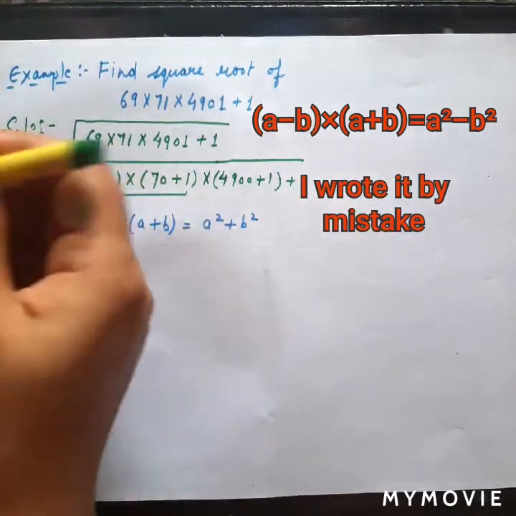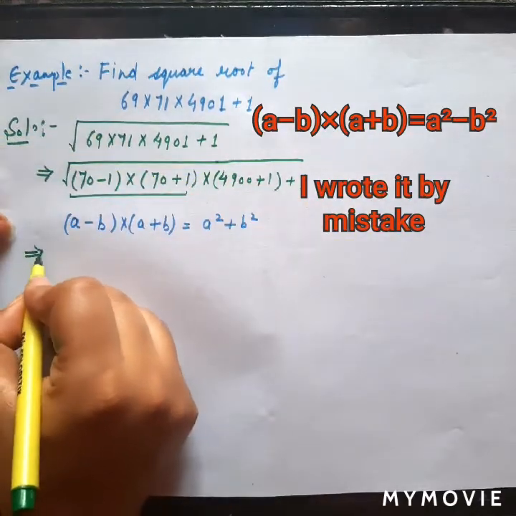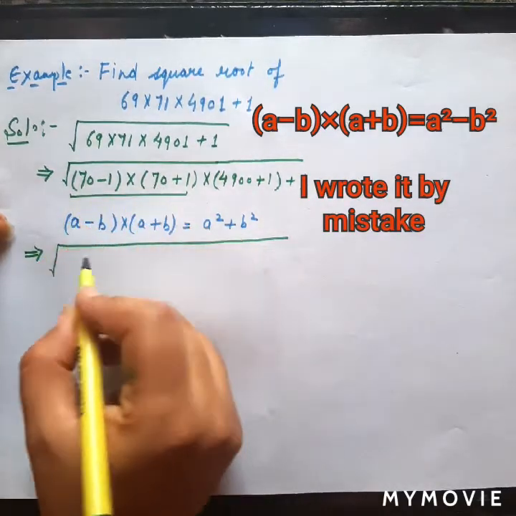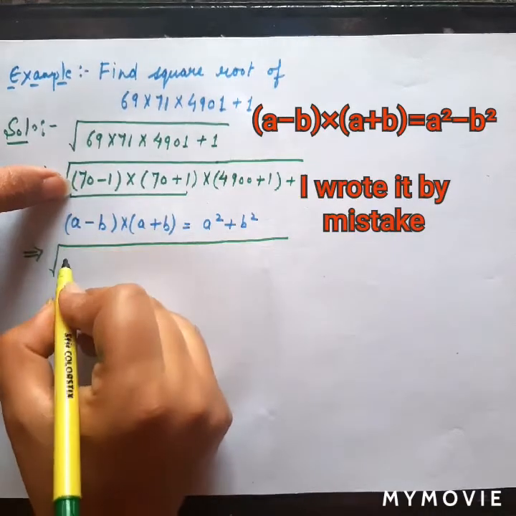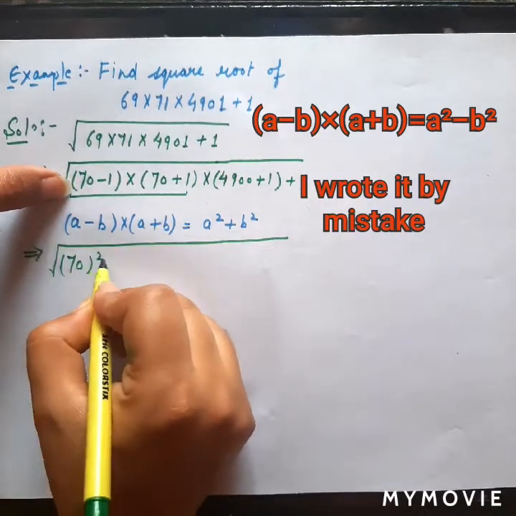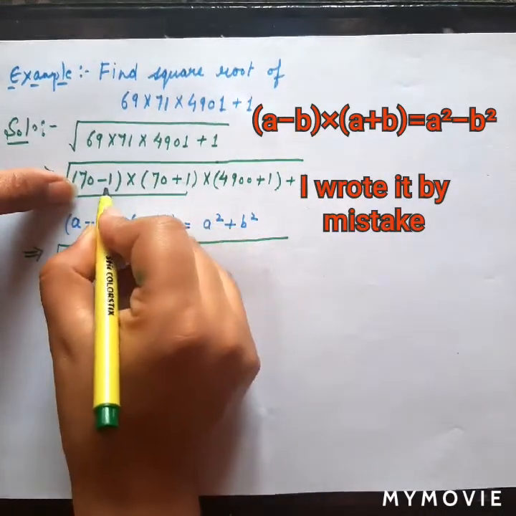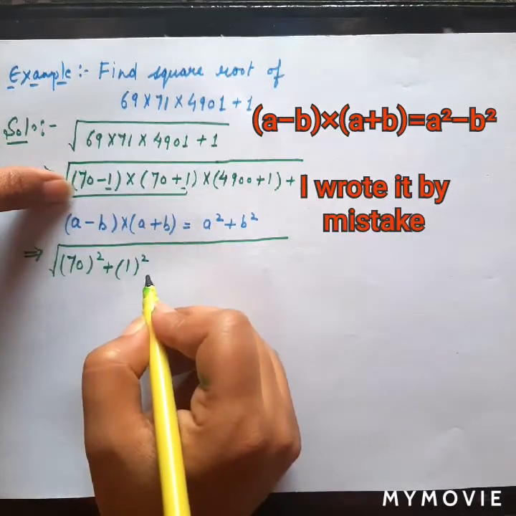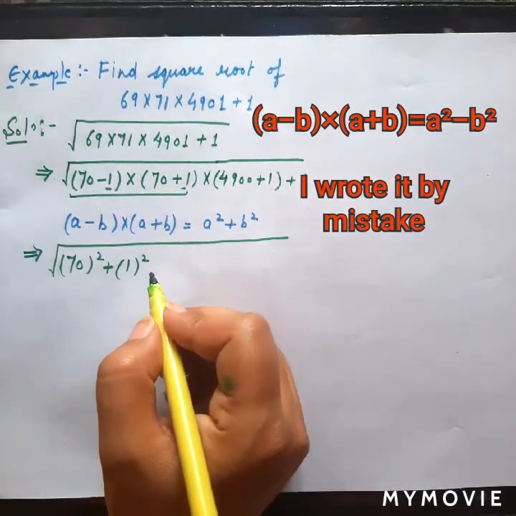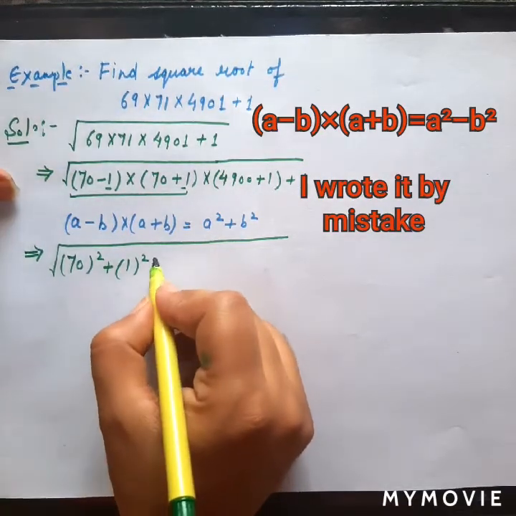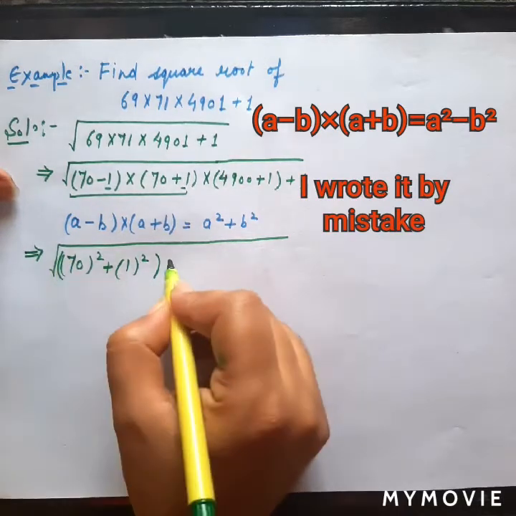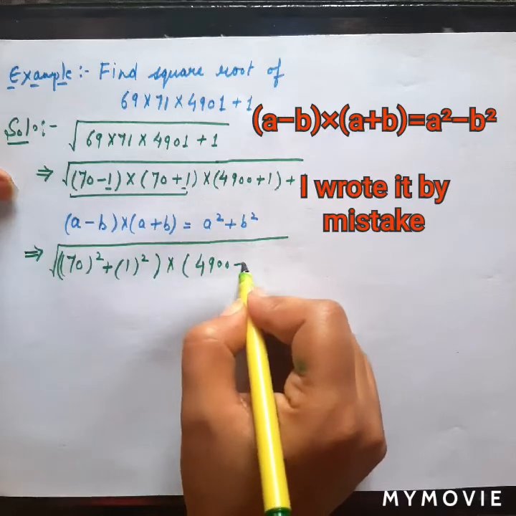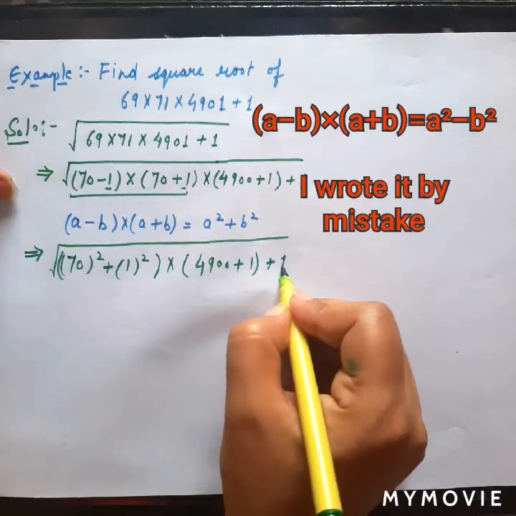Then what we will write, this will become a minus b times a plus b, which becomes a square, where a is 70, so 70 square plus b square, b is the second term, plus 1 square. Fine. And the other term that we already had, just write this in brackets, multiplied by 4900 plus 1 plus 1.